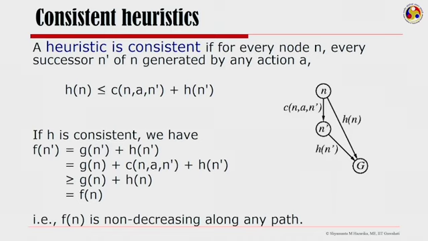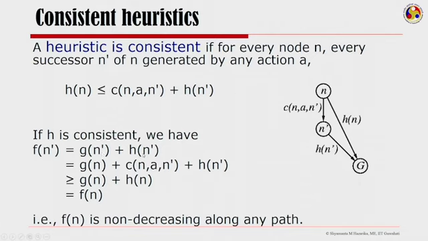If h is consistent, we have the total cost of arriving at the goal via n prime to be the cost of coming to n prime, which is g of n prime, and then the estimate of going from n prime to the goal, which is h of n prime.